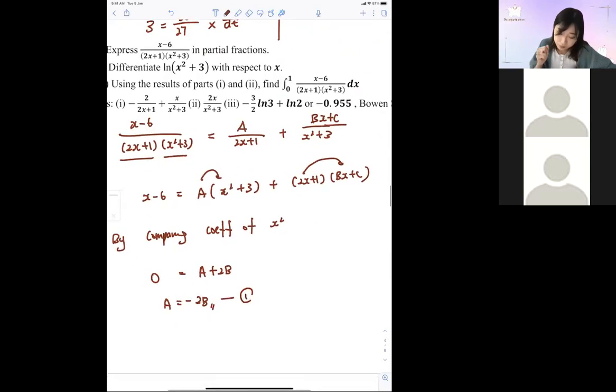Now we can find a by letting x be equal to half. Did I do something wrong again? x equals, sorry, not half, minus half.